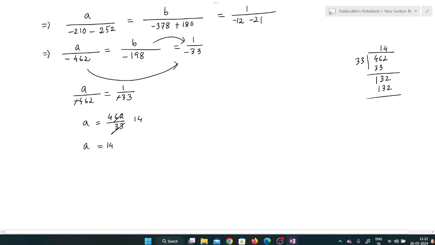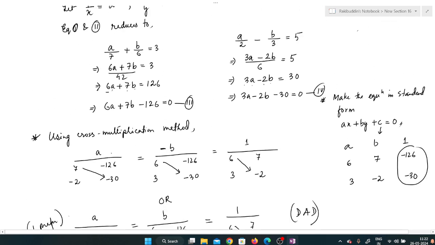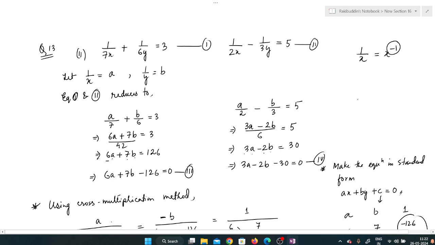Now what is the value of x? What is the value of a? Actually a, now we have reduced a for something. If we go to the previous, our a was 1 by x. If you go back, you can see here a is 1 by x.